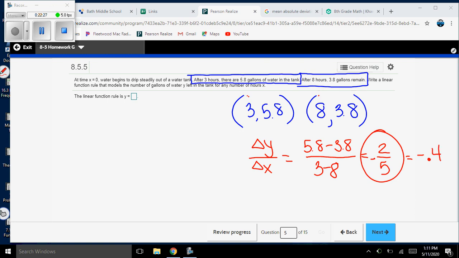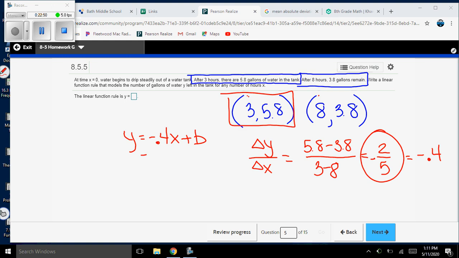Okay? So we know that we're at y equals negative 4/10 x plus b. We then have to plug in one of those ordered pairs, and I'm choosing to plug in the first one, so I'll plug in this guy right here.